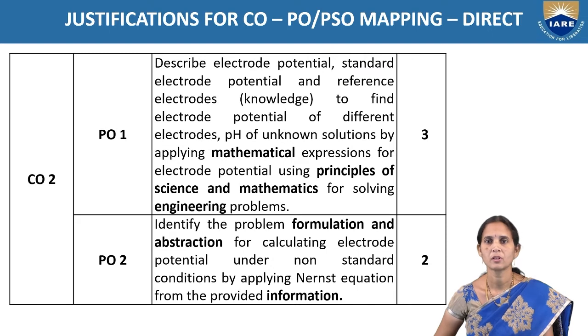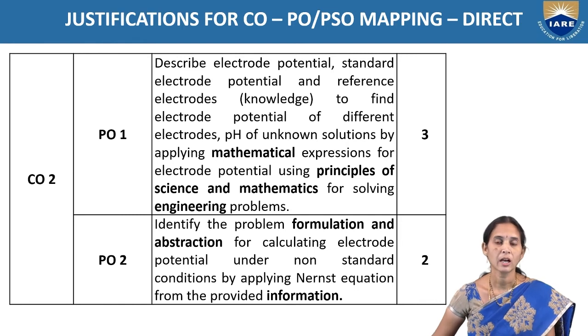Next, CO2, PO1, describe electrode potential, standard electrode potential, and reference electrodes. They will learn about standard electrode potentials. So knowledge to find out electrode potential of different electrodes, pH of unknown solutions by applying mathematical expressions. Here they will understand how to find electrode potentials.